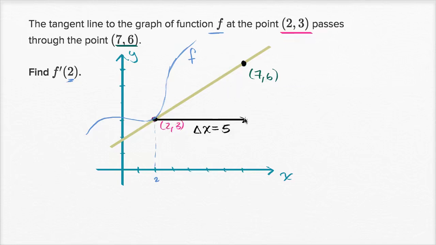And our change in y: we go from y equals 3 to y equals 6, so our change in y is equal to 3. So our change in y over change in x is 3 over 5, which is the slope of this line, which is the derivative of the function at 2, because this is the tangent line at x equals 2. Let's do another one of these.